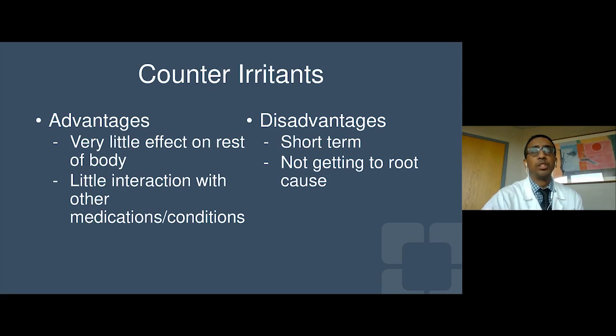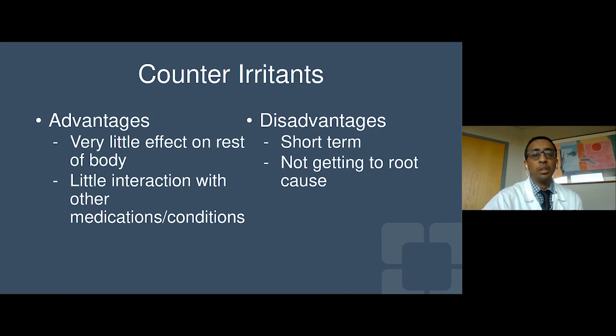Disadvantages: it is short term. Unfortunately, none of these things are long term and forever lasting, and it does vary as far as how long. Some of these creams do come with lidocaine. Lidocaine is an anesthetic or numbing agent, which generally only lasts about an hour or two. So sometimes you get the effect of the lidocaine numbing the skin, helping out with the pain there.